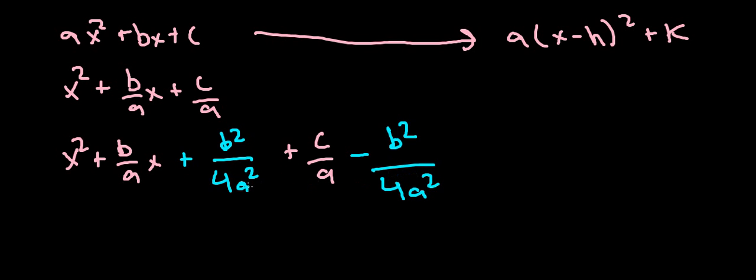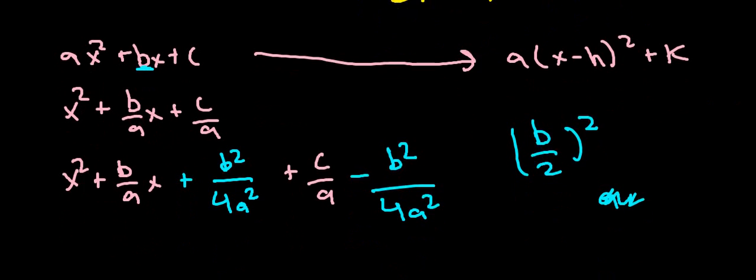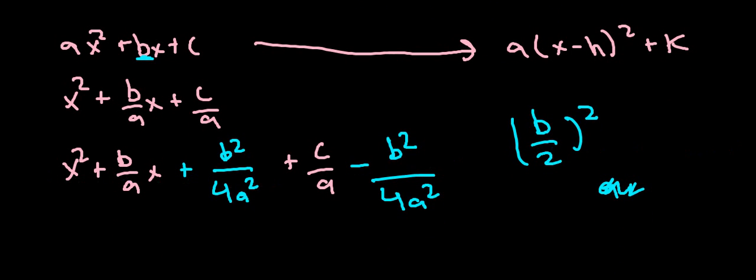And if you want to know where this 4a squared comes from, it comes from completing the square, like I said. And this might be a little bit tricky because of the 4, but remember, if we want to complete the square, we have to take b over 2 squared. And in this case, our b is b over a.